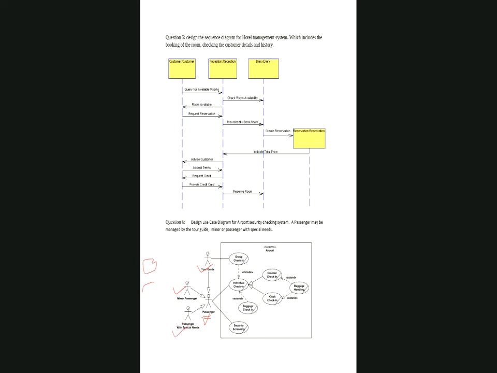So the use case diagram should give you information about different views from the user's point of view. I'm seeing the airport as a tour guide, as a passenger, as a minor, as a passenger with special needs. This is what is supposed to be done in the use case diagram.